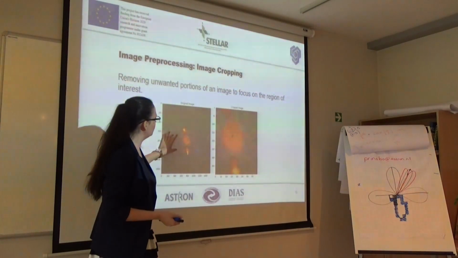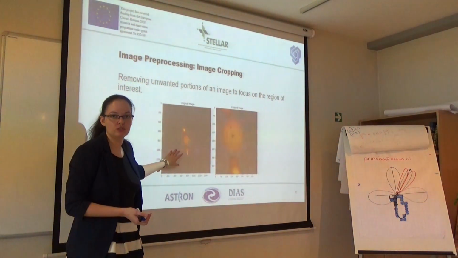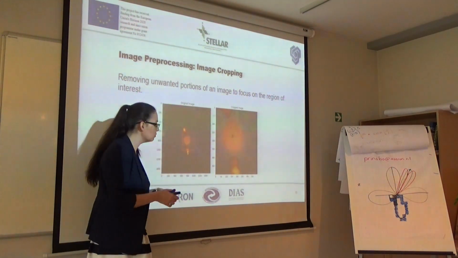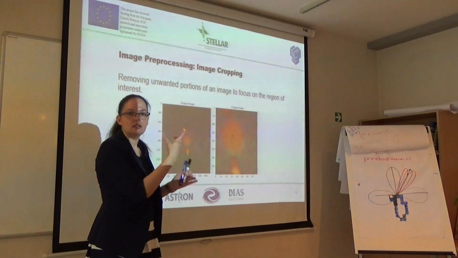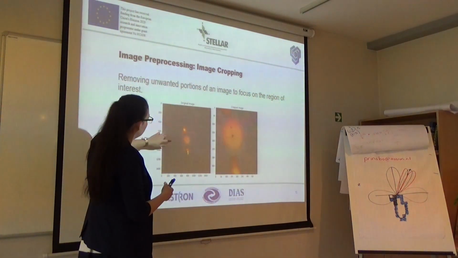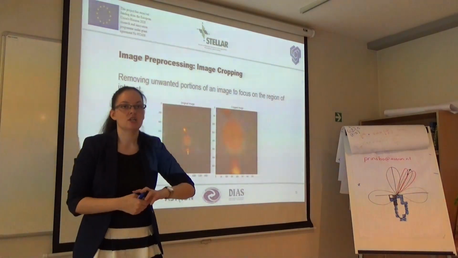You can find your object automatically. We won't do it here. There are algorithms that can tag your object through the whole image. But what is the idea? To find your region of interest, and that will be really important.